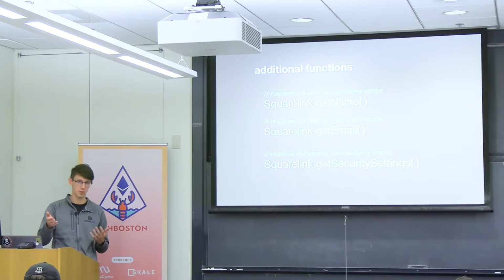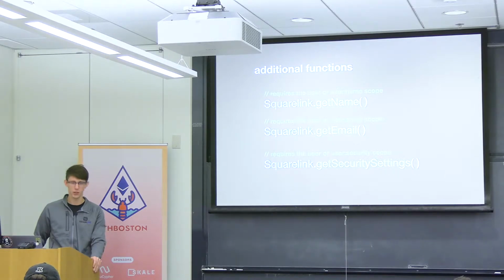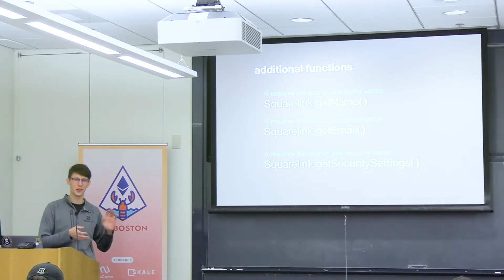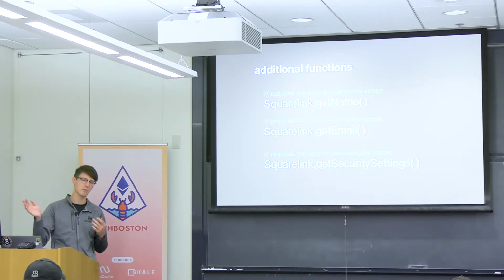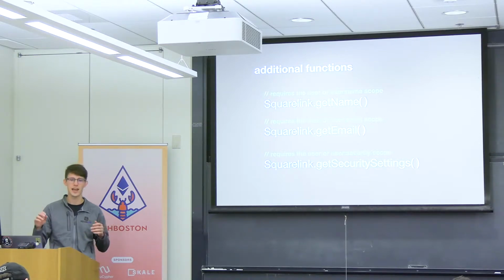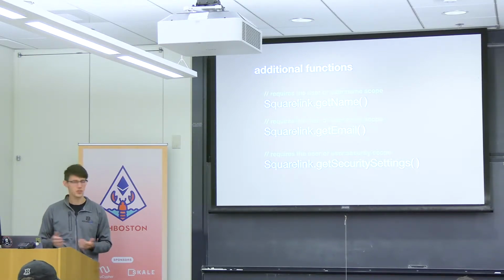It'll return the person's name. getEmail returns their email. Super straightforward. Just some other features you might want to build into your dApp. I know a lot of people are trying to tie email services into their dApp so they can onboard their users more. It provides a nice onboarding flow where, after they sign in for the first time, they get an email with instructions on how to use the dApp or whatever else. So just some ideas on how to use these custom features.